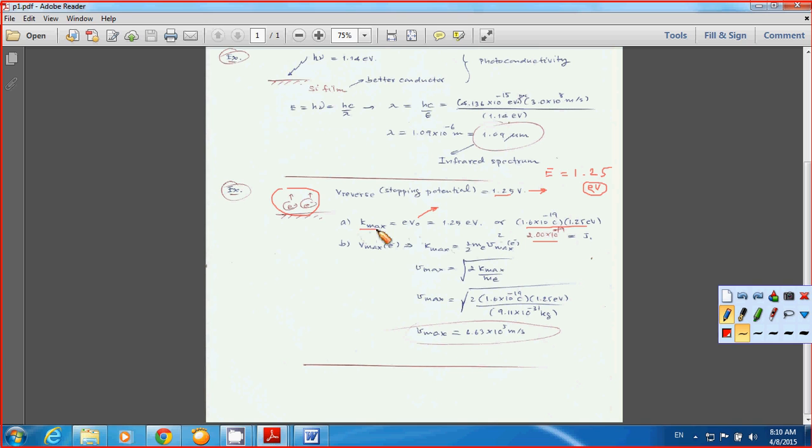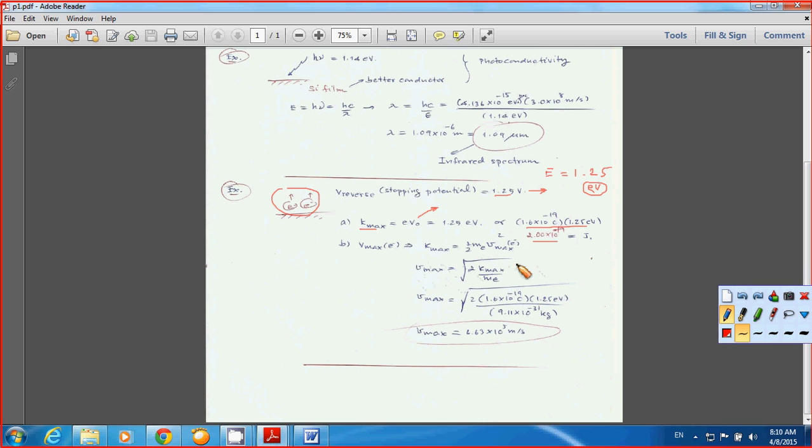This is your Kmax, or your maximum kinetic energy of the electron. So from the relation Kmax equal to 1/2 me Vmax squared, you can find Vmax. Rearrange the equation right here and plug in numbers, because you have Kmax and me.